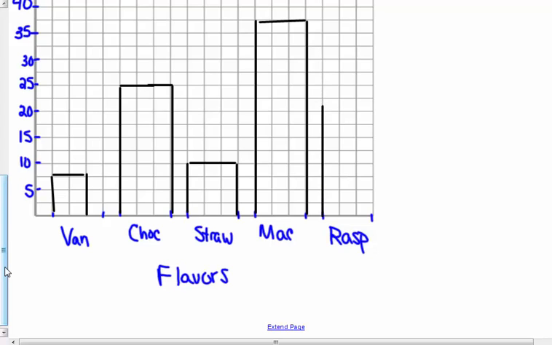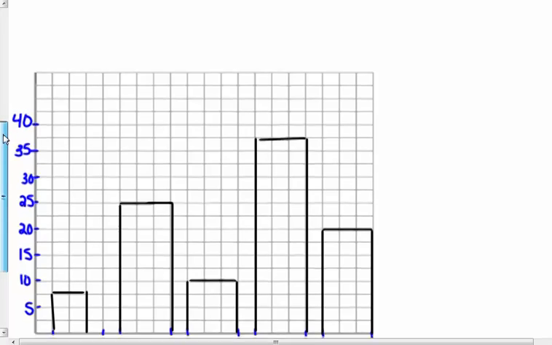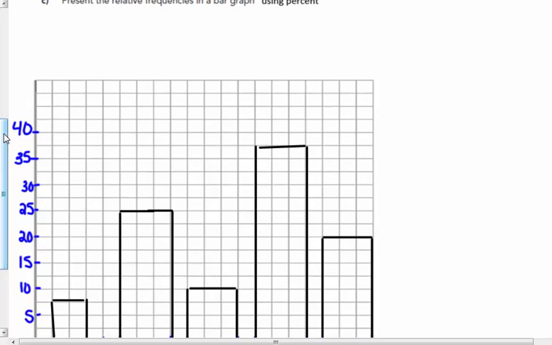So definitely I'm only making a bar graph, not a histogram. They're not touching. Histograms always have intervals of numbers on the x-axis. These are categories or just individual kinds of things, which makes it a bar graph. What's the one thing we've forgotten? Title, very good.